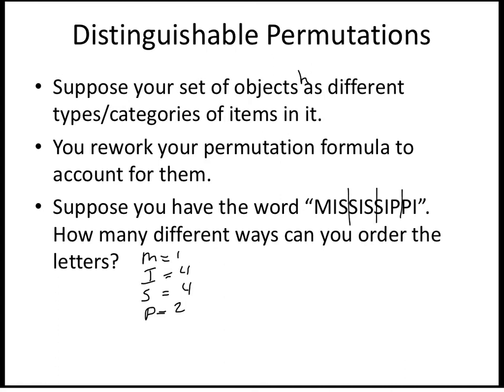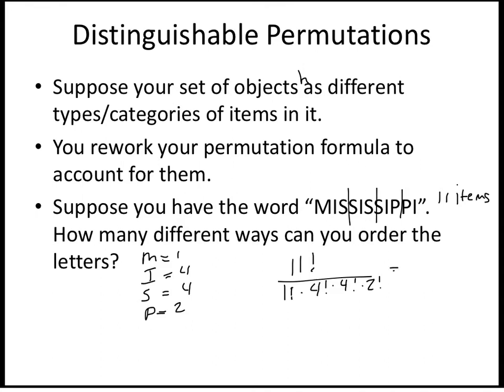So we have 11 items, and we have 4 different categories. So we're going to have 11 factorial divided by 1 factorial times 4 factorial times 4 factorial times 2 factorial.